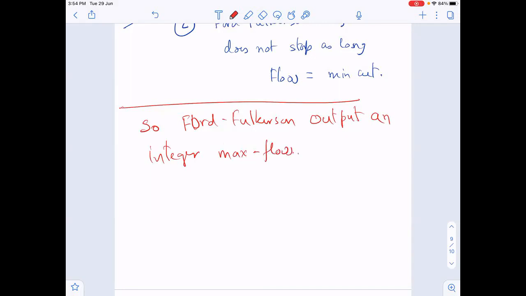Okay, that is good. So here is an algorithm that outputs an integer max flow.